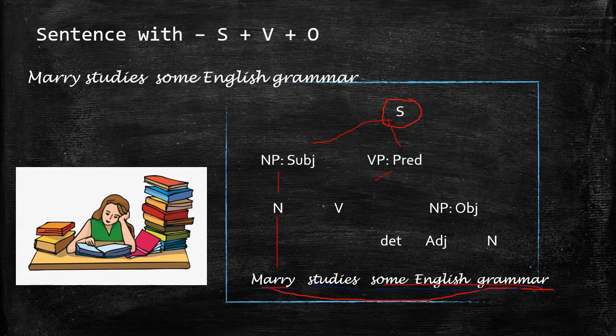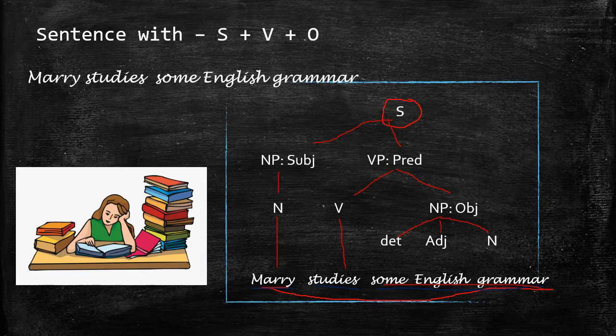So we divide the branches into two branches. Verb is a verb phrase. It contains verb, studies, and NP as an object, some English grammar. So in some English grammar, you can write determiner, adjective, and noun, grammar.